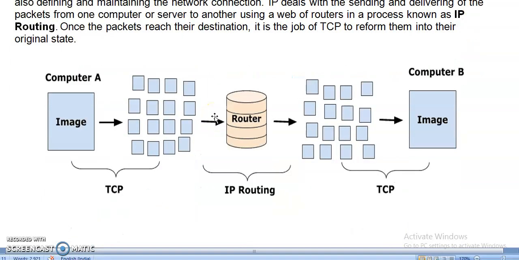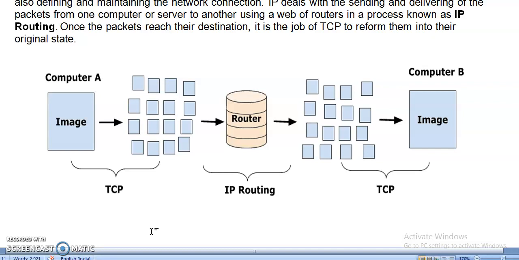Now, through a diagram, we will understand this. Suppose some data, here an image, has to be sent from computer A to computer B, which is in another network. How will it be transferred? First of all, this image will be broken into smaller parts called packets, and these packets will be routed by the router using IP routing methods.